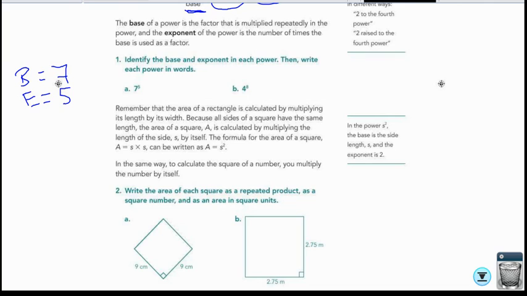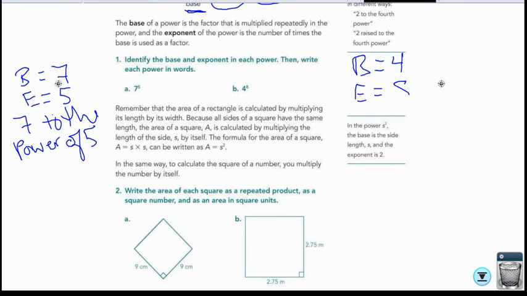And the way I would write it is I would say 7 to the power of 5. B, the base, is 4. The exponent is 8. And the way I would say this is 4 to the power of 8.